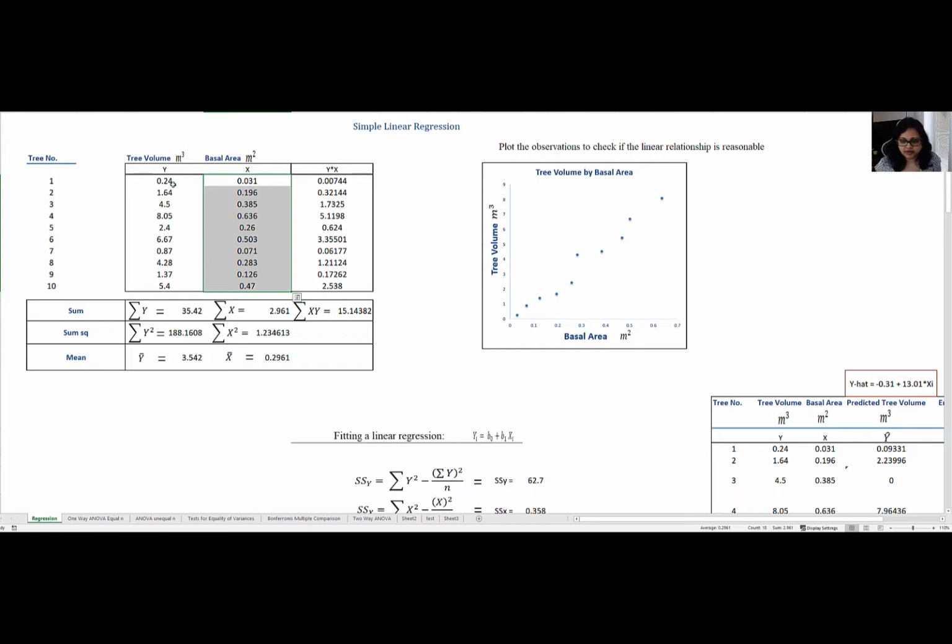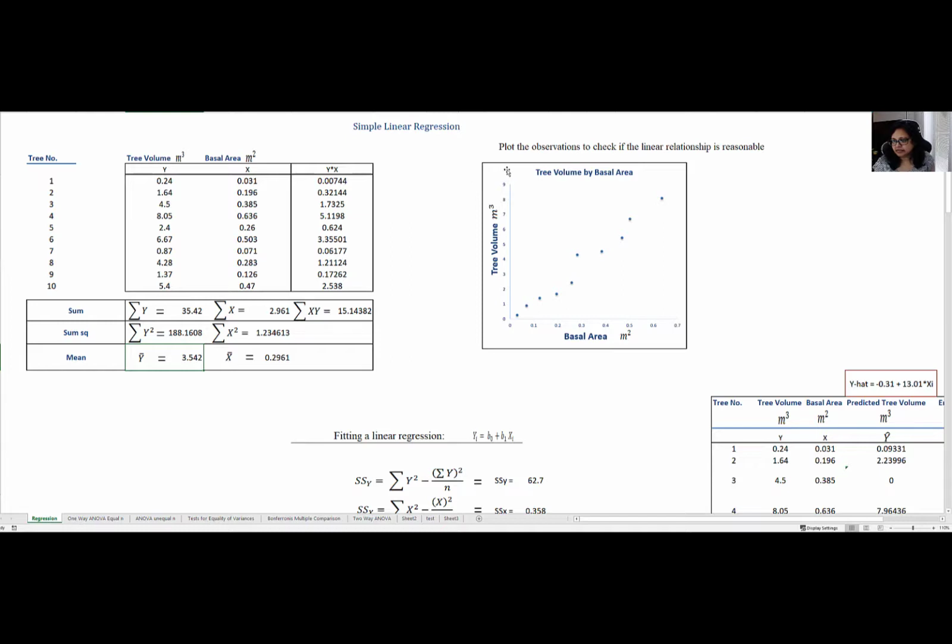I also took the square of each of these values, like 0.24 squared plus 1.64 squared, and found the sum of squares for both variables. I also found the mean value of y and the mean value of the independent variable. Then we are fine. We don't need to worry too much.